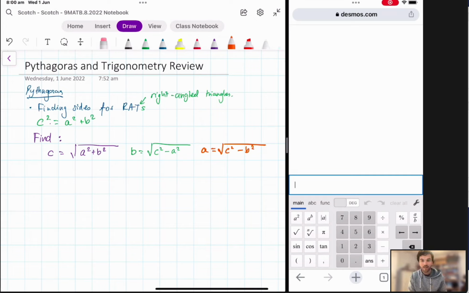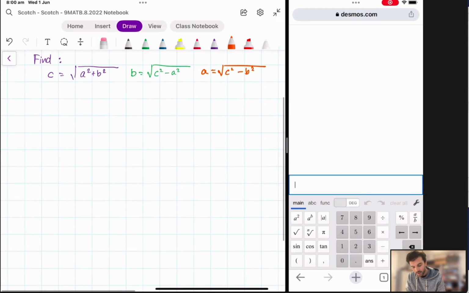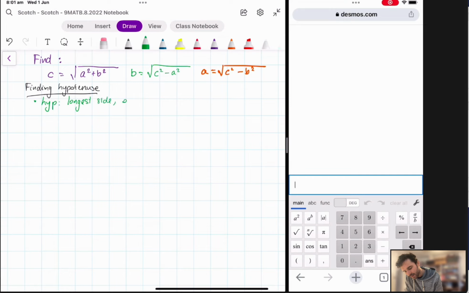What we're going to do now is use these rules to help us solve some triangles. So to start off, we're going to be finding the hypotenuse. Now the hypotenuse is the longest side, which is opposite the right angle.